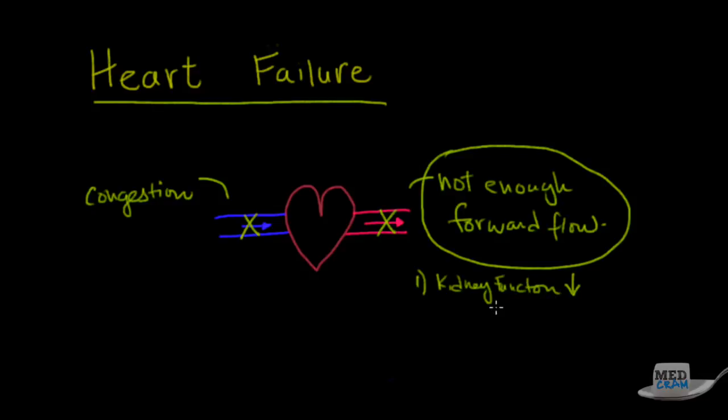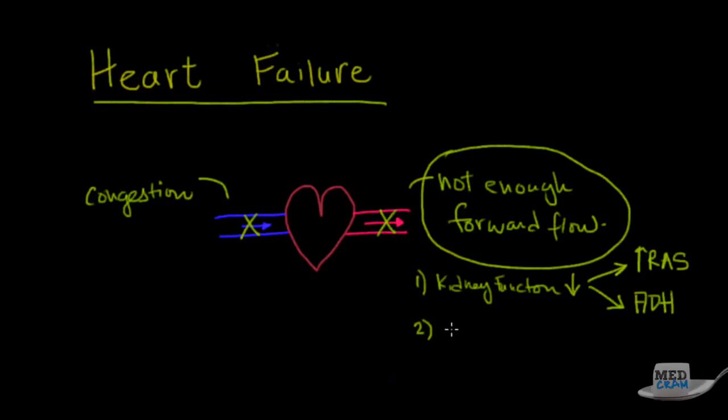If the kidneys are not getting enough blood, you're going to have kidney function decreasing. That, of course, is going to activate the renin-angiotensin system, or the RAS system. It will also activate the antidiuretic hormone system. Of course, this is going to increase the amount of fluid retention that you have, and that could exacerbate your congestive heart failure.